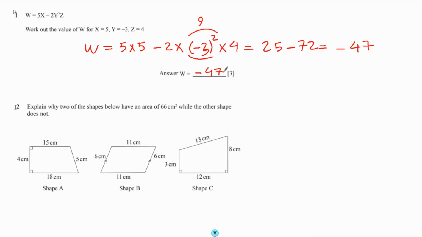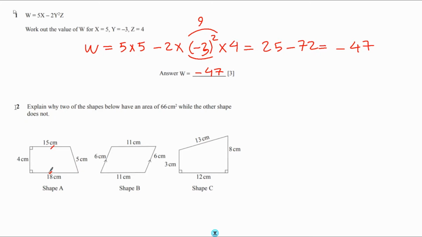The second question says, explain why two of the shapes below have an area of 66 centimetres squared while the other shape does not. If you look at the first shape here, this is a trapezium, because this side and this side are parallel. The trapezium definition is that it has two parallel sides.